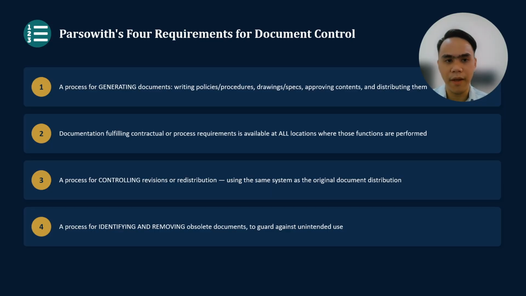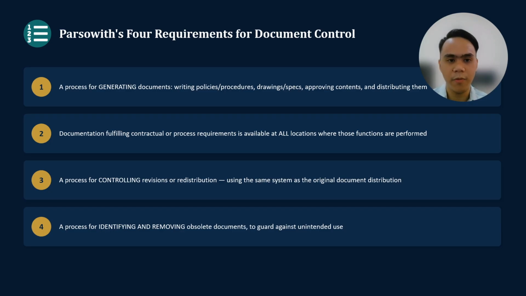Parsowith, in 1995, identifies four specific requirements for proper document control, and this is worth knowing precisely because they cover the full life cycle of a document from creation to retirement. One, a process is in place for generation of documents.